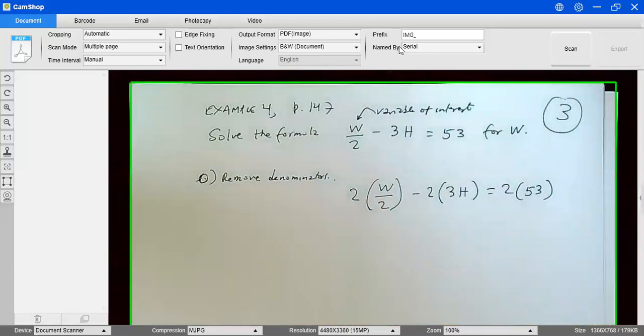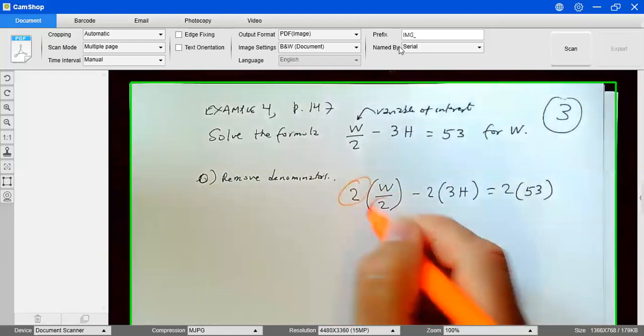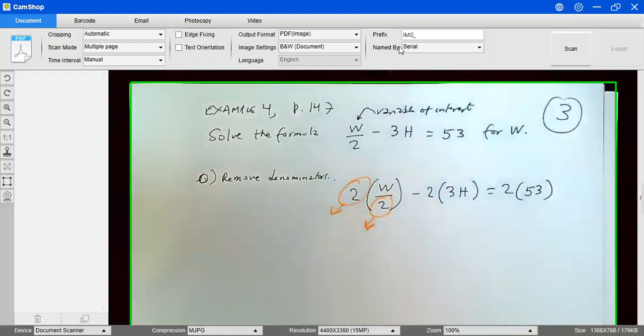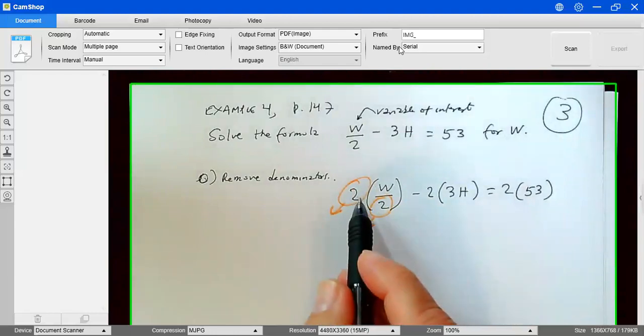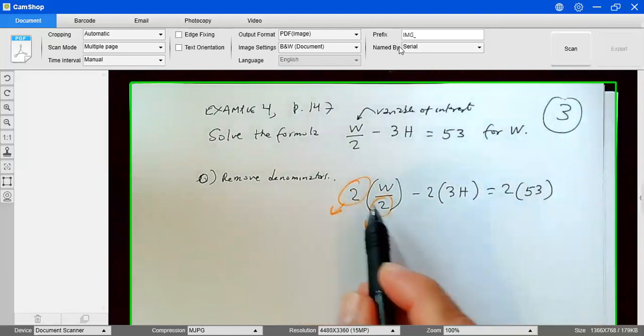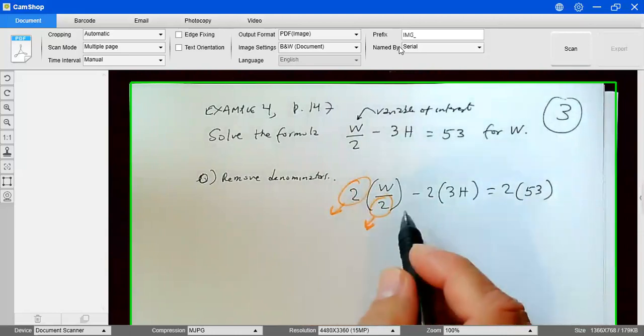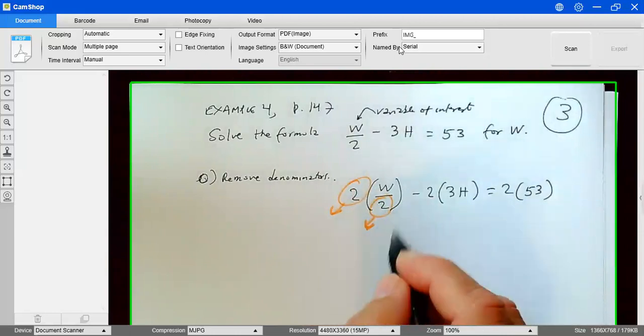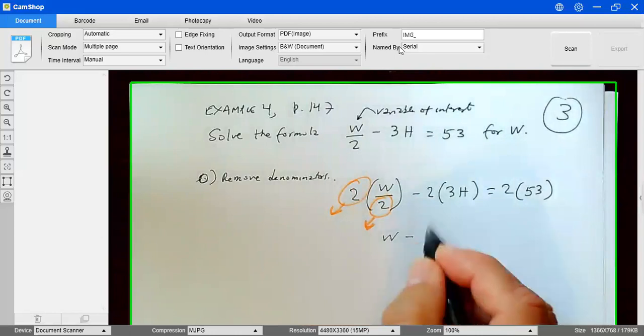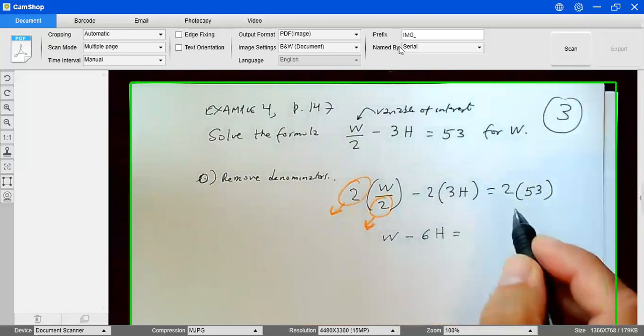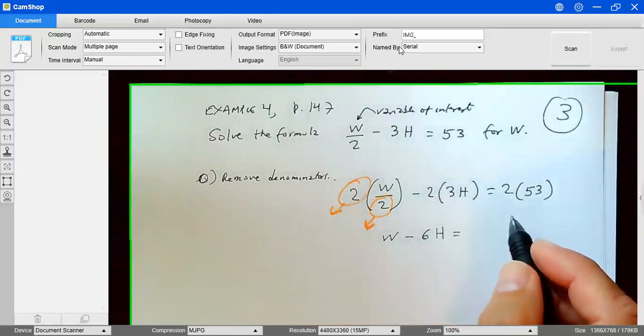So by doing this, we remove these two pieces. Remember, the denominator goes away at the same time with the factor that we are using to get rid of the denominator. So we're going to get W minus 2 times 3 is going to be 6H equals 2 times 53.